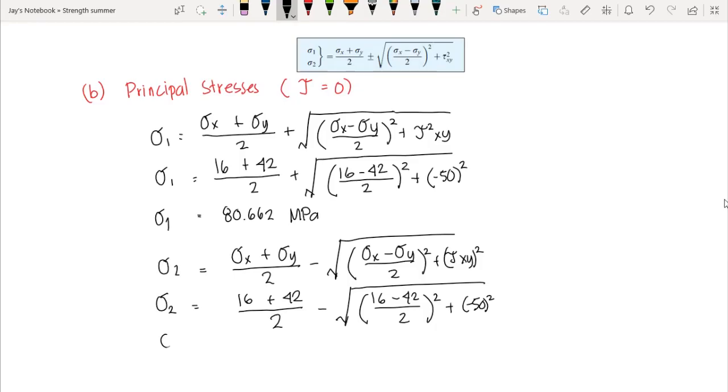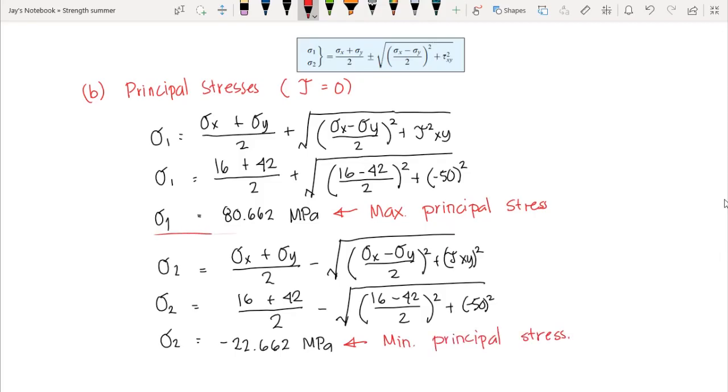So we have our sigma 2 here, which is equal to negative 22.662 megapascal. Okay, so therefore this is our maximum normal stress, maximum principal stress, and this one is our minimum principal stress. And these are our answer for question letter B. And that's it for our first example.